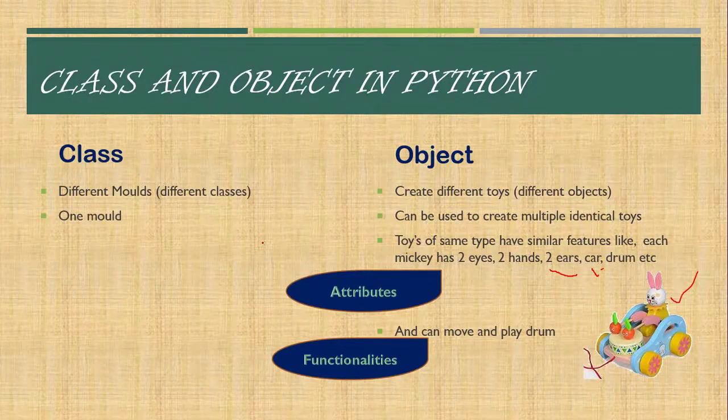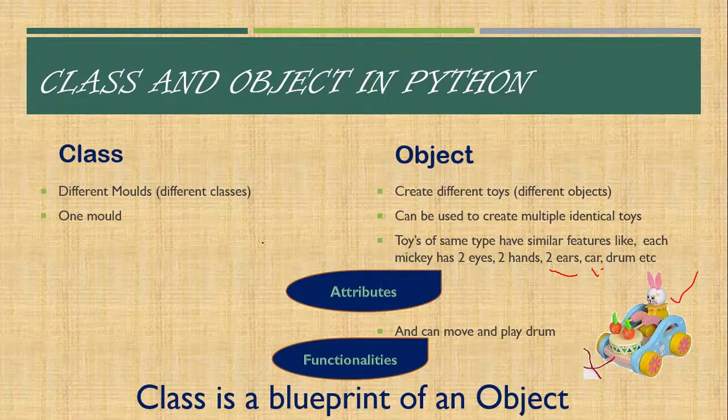And it also has some functionality, which also needs to be there in the concept of a class. For understanding the functionalities of a particular object, we will use different methods, or different functions, within a particular class as well. That will help the object to have different functionalities.